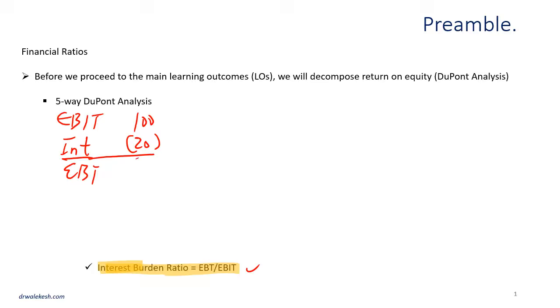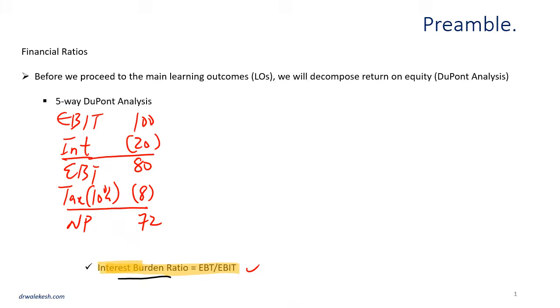Assume that EBT is 80. EBT less tax expense would give us net income or net profit. Assume that the tax rate is 10%. 10% of 80 is 8. 80 less 8 will be 72.